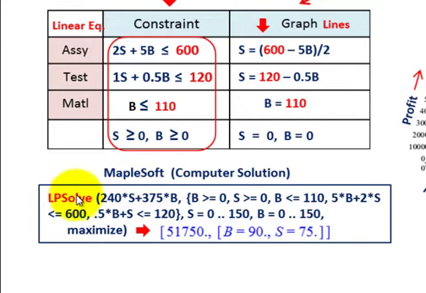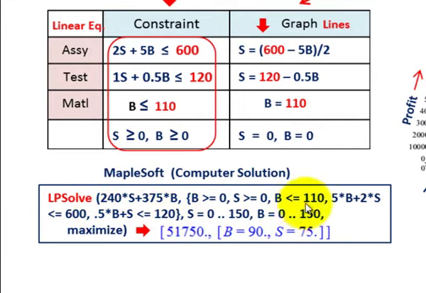You could do this in Excel as well, since Excel has an optimization package. In this case, I put in my objective function, 240S plus 375 times B, and then the constraints that we have here: B greater than or equal to 0, S greater than or equal to 0, and B less than 110, and then the two other line constraints for the assembly and test time.